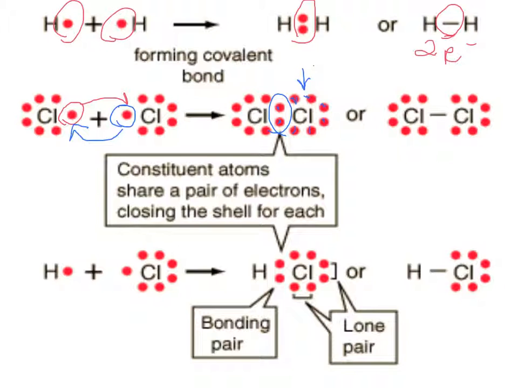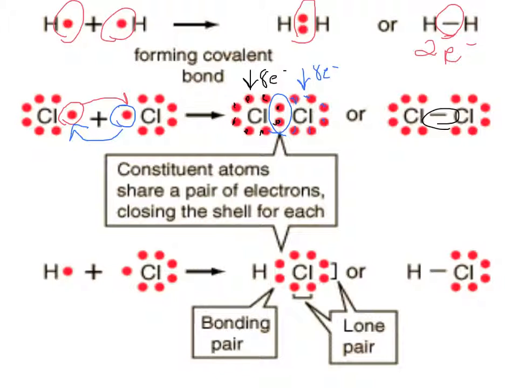This one has an octet. And then if I come over here and look at the first one, 1, 2, 3, 4, 5, 6, 7, 8. This one has an octet. Each one has 8 electrons. That makes them stable, and so they're going to share those 2 electrons between them. So that's why we draw the dashed lines.